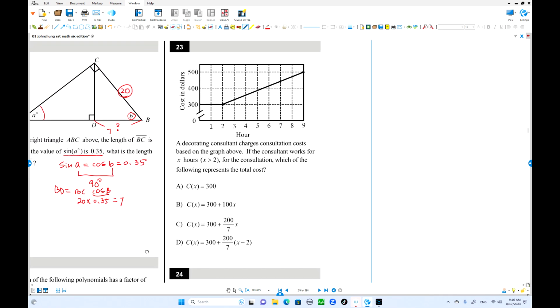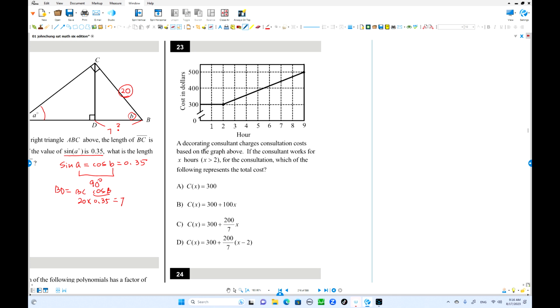Here we go, number 23. A decorating concert charges consultation cost based on graph. If the concert works for x hours, x is greater than 2, somewhere here after this, any point x, which of the following represents the total cost? So we're going to find the equation of this line. Not this line. Okay, we're going to find this line.